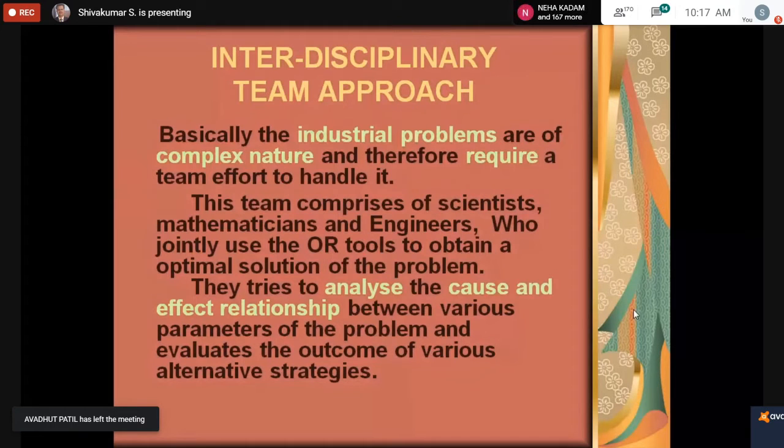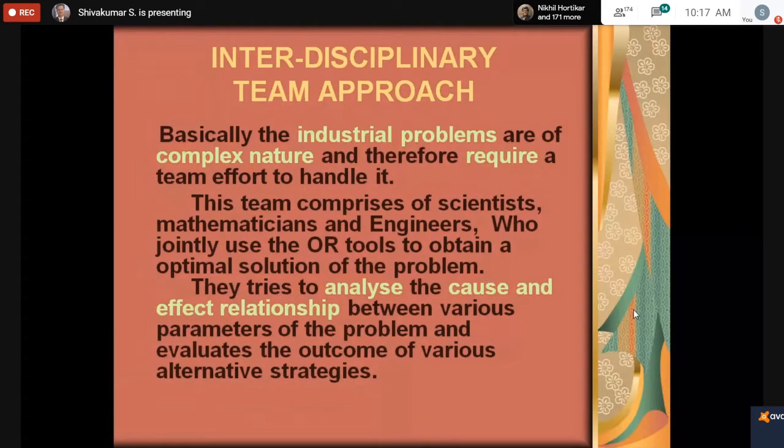This team comprises scientists, mathematicians, and engineers who jointly use the OR tools to obtain an optimal solution for the problem. This is talking about how OR is developed. That's why you can say OR is an interdisciplinary approach. It tries to analyze the cause and effect relationship between various parameters of the problem and evaluates the outcome of various alternative strategies.